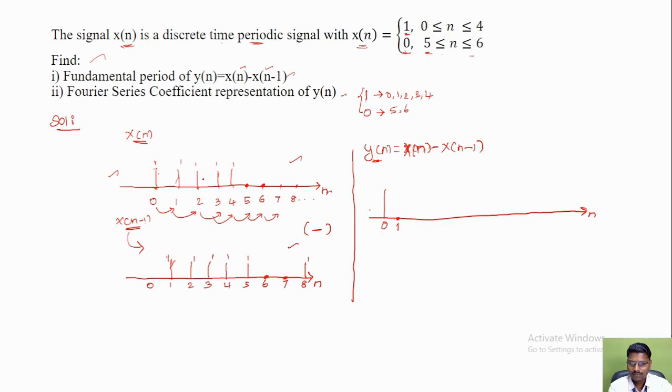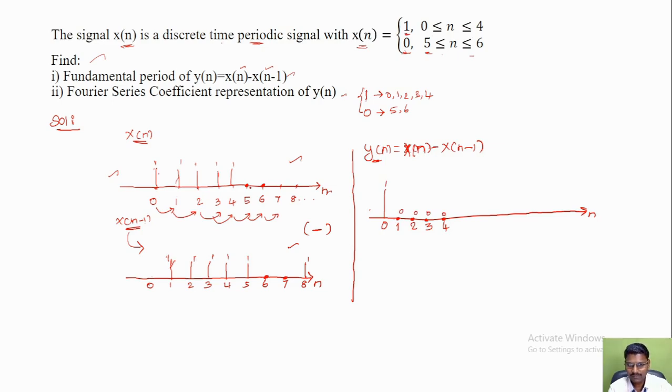For the second sample of x of n and x of n minus 1, the amplitude is 1 here and also 1 here. So 1 minus 1, the value for the second sample will be 0. Similarly, for the third and fourth samples, x of n and x of n minus 1 have the same amplitude value, so the third sample and fourth sample will also be 0, right?